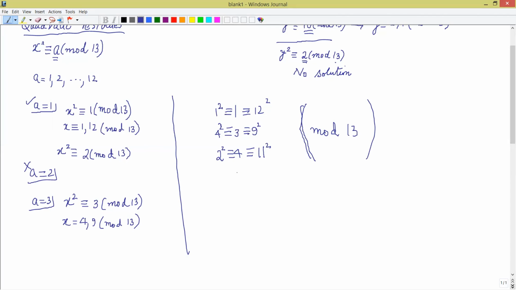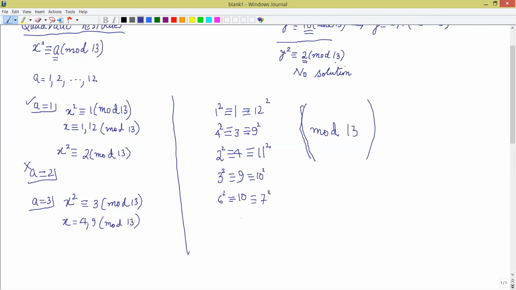You can verify easily. 7 is not a quadratic residue, 8 is not a quadratic residue. 9 is a quadratic residue because we can write 3 square, and this is the same as 10 square. 10 is also a quadratic residue because 6 square is 36, and 36 is 10 in modulo 13, and 7 square is also a quadratic residue.